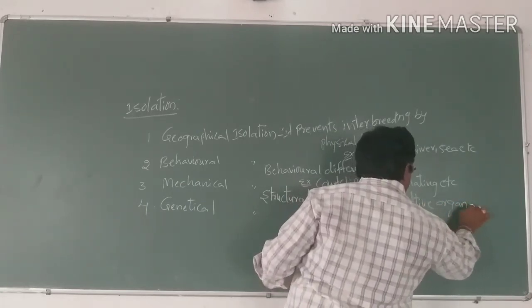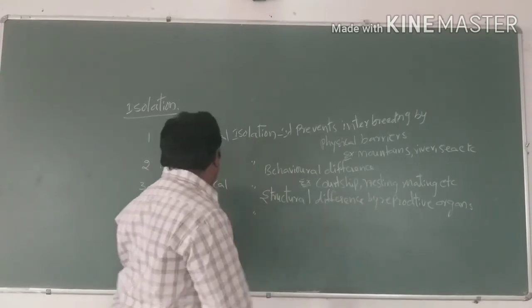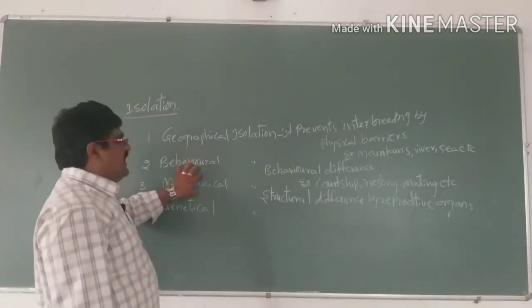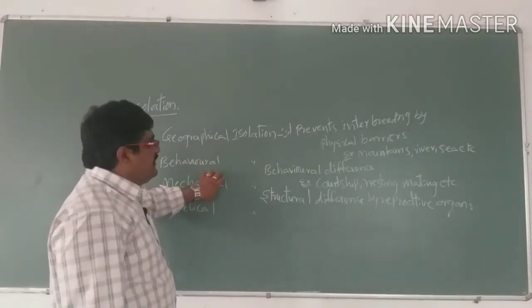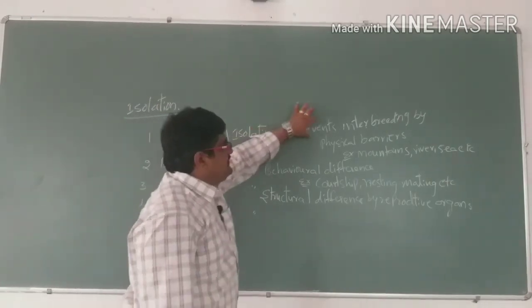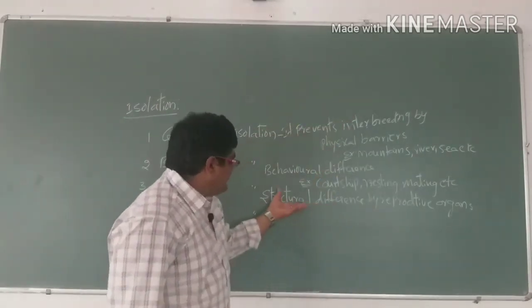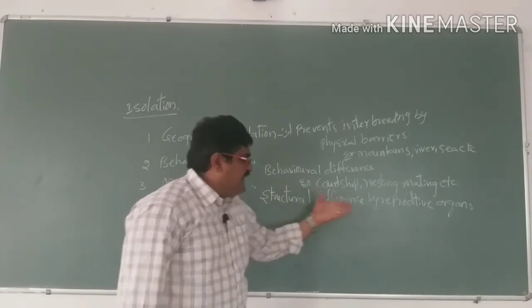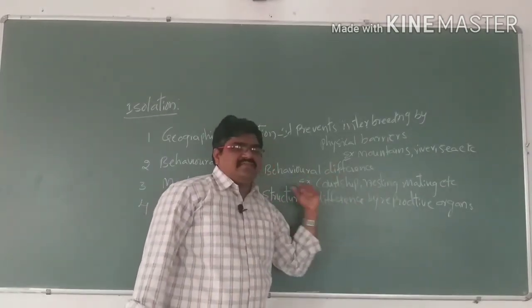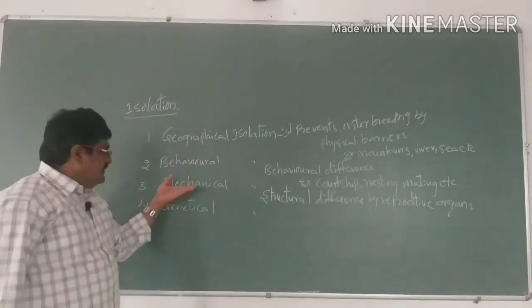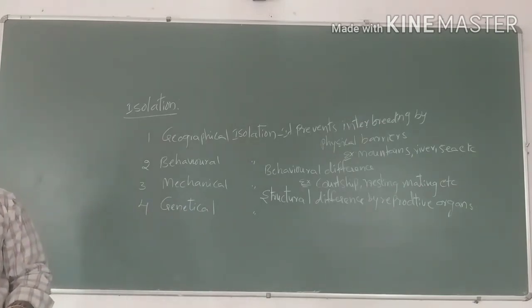So mechanical isolation can be defined as it prevents interbreeding by the structural differences in the reproductive organs.